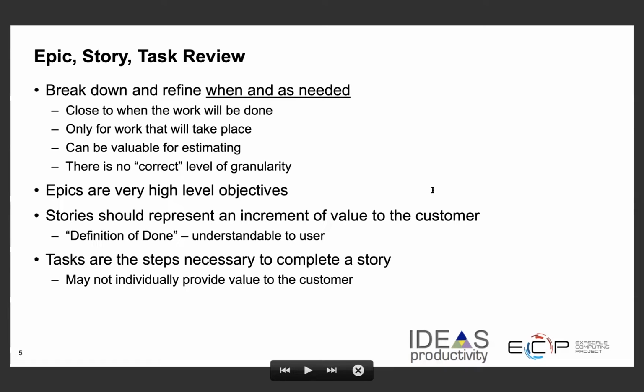So you should plan enough so that you're ready to move forward, but not so much that you end up reworking your plans all the time. In terms of timeline, higher level objectives like epics get defined earlier, and finer grained objectives like stories and tasks get defined closer to the implementation timeline.